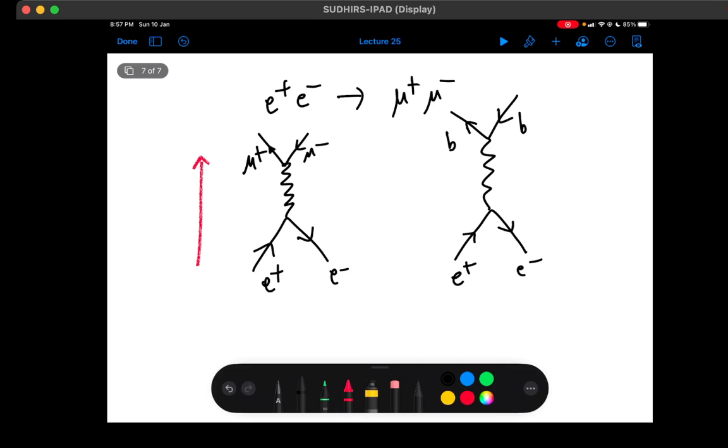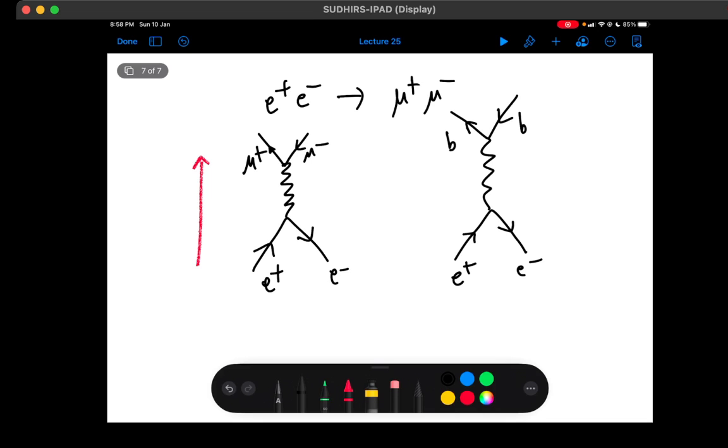Say for example, if the incoming electron and positron are moving at energies of about 100 GeV, or 10, 15, 20 GeV, something like that, then you wouldn't expect the masses of the electron, the bottom quark or the muon to really play a role. We can take them to be almost like a massless case.